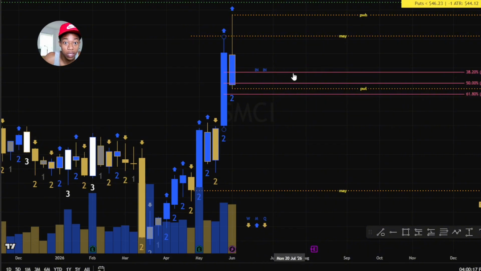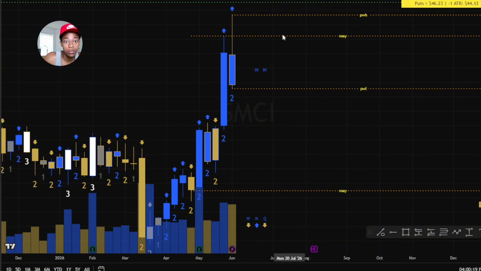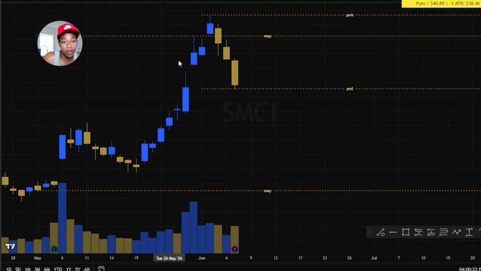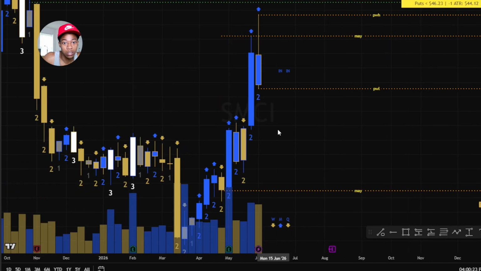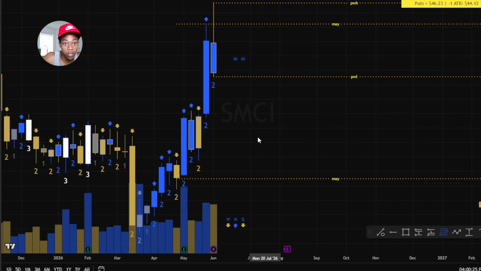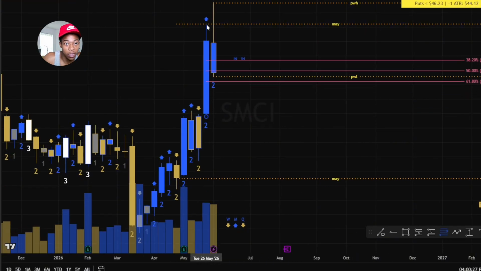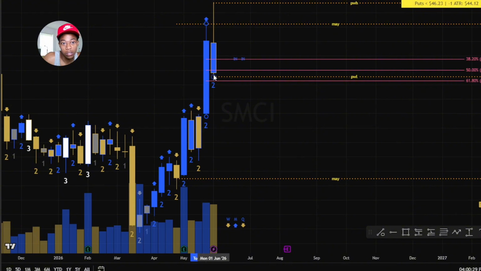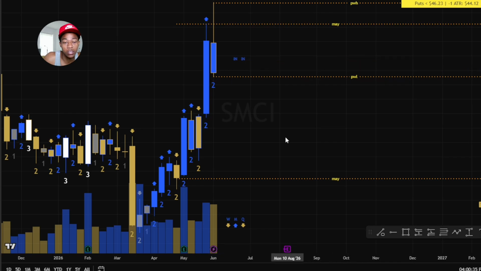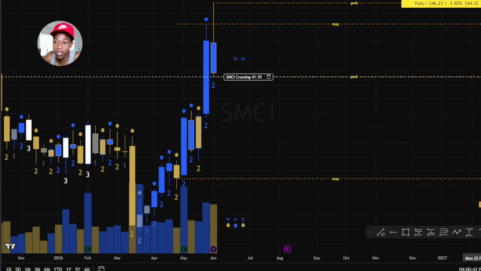This right here is looking for a bearish continuation. But also we got an engulf last week. So I want to see if price fails this week, then we can touch this down here. So I could put SMCI on my alert right here. If SMCI fails 41, then we can test this 35 level for the week.